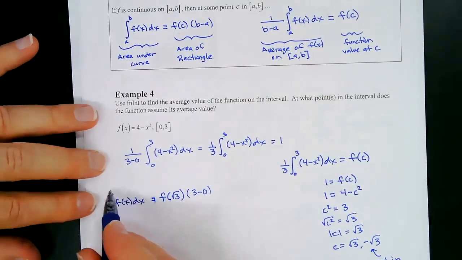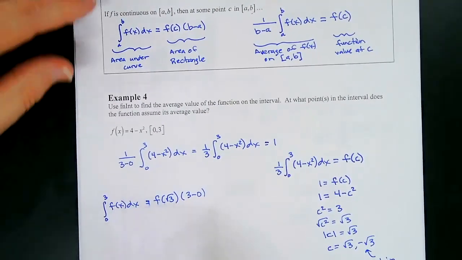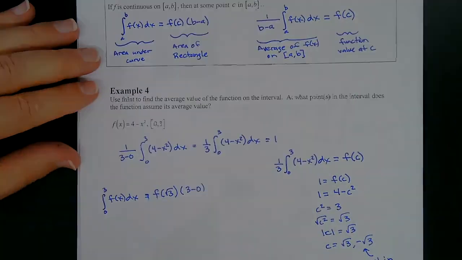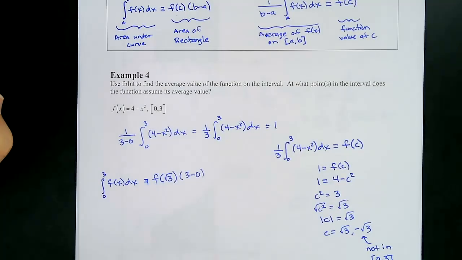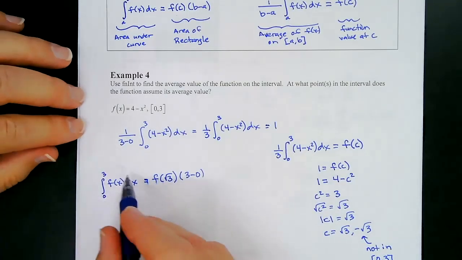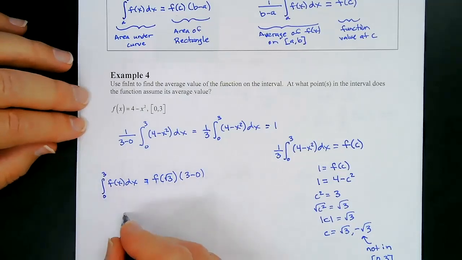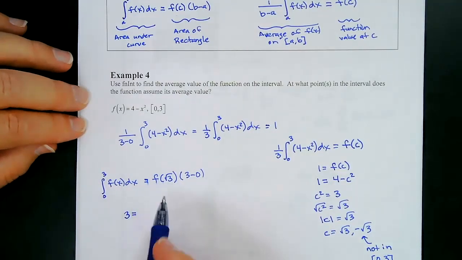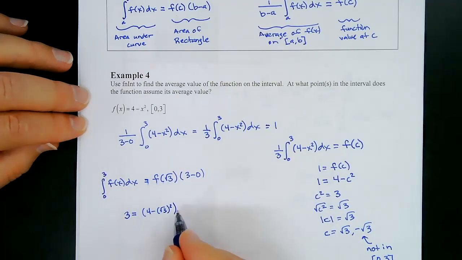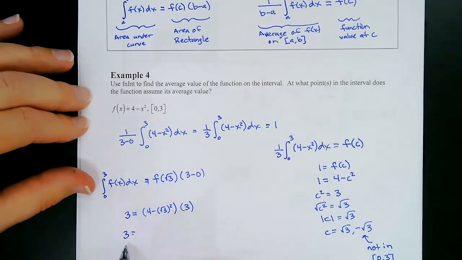So we're going to put this into our calculator. Okay, so let me go and do that. So from our calculator, we got this left-hand side was 3. And if we put square root of 3 into our function, that would be 4 minus the square root of 3 squared, times 3. So the area under the curve is 3, right?